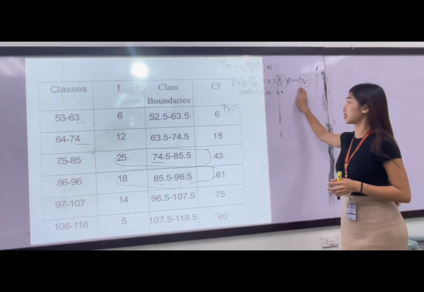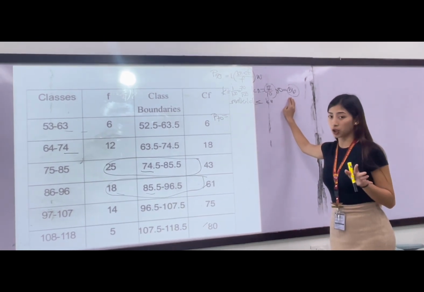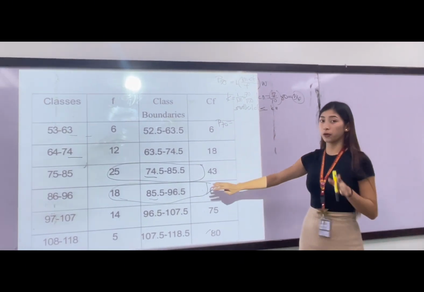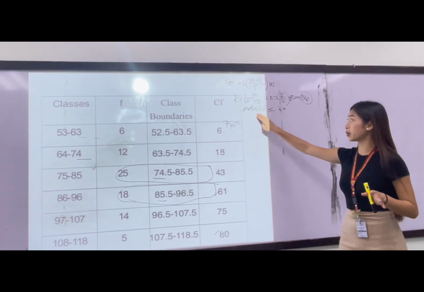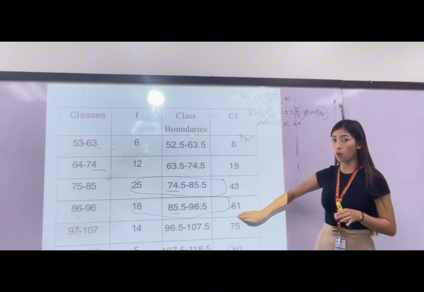To find the class that contains the 56th observation, we go to the column of cumulative frequency. The smallest cumulative frequency greater than or equal to 56 is 61.